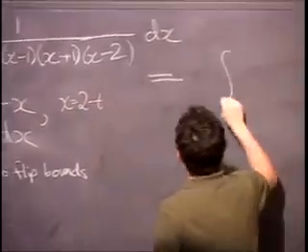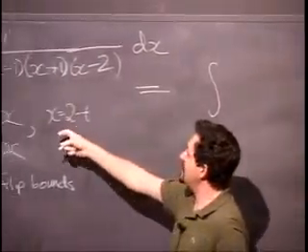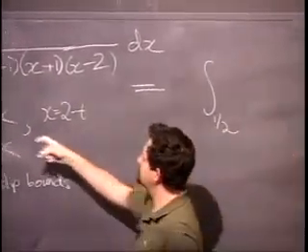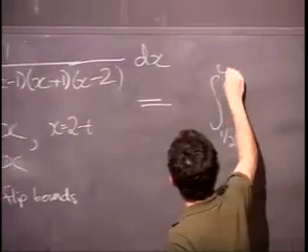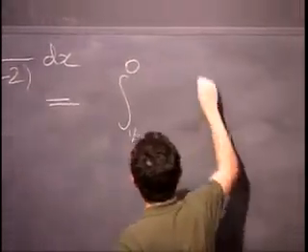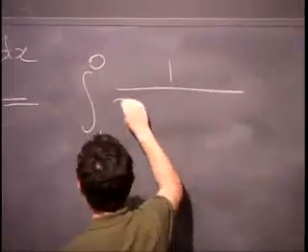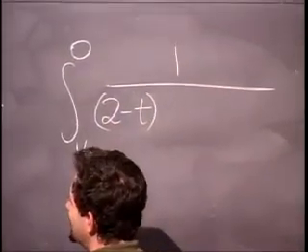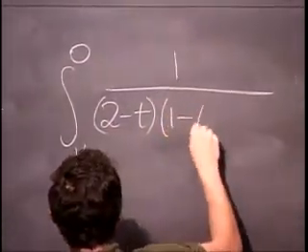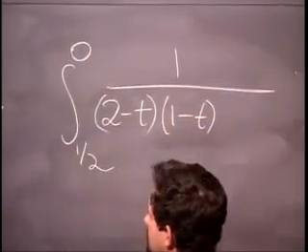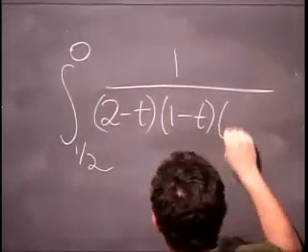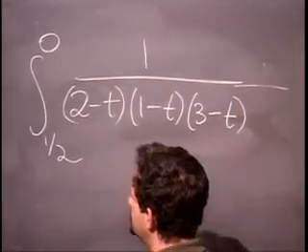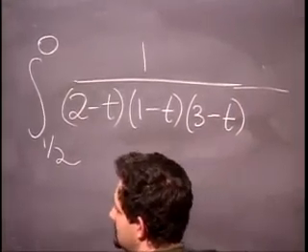So this integral in t land: when x equals 3/2, t is 1/2, and when x equals 2, t is 0. And I have 1 over x, which is 2 minus t; x minus 1 is 1 minus t; x plus 1 is 3 minus t; and x minus 2 is negative t.